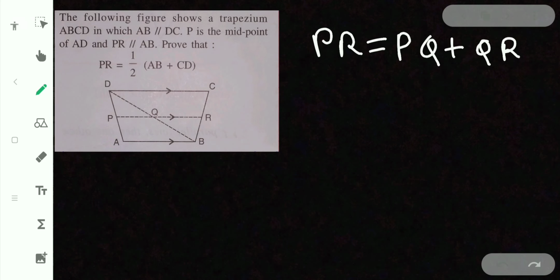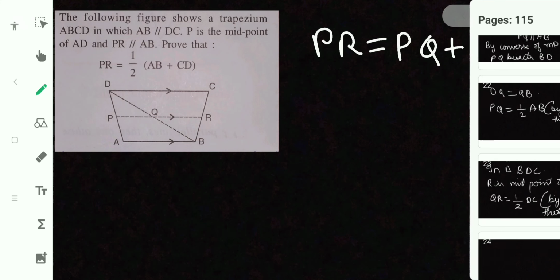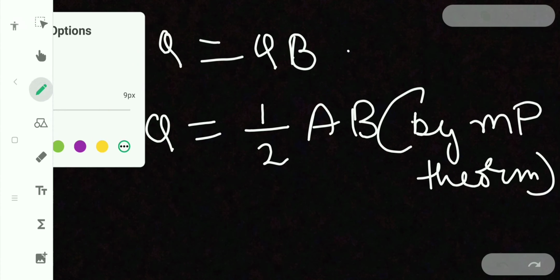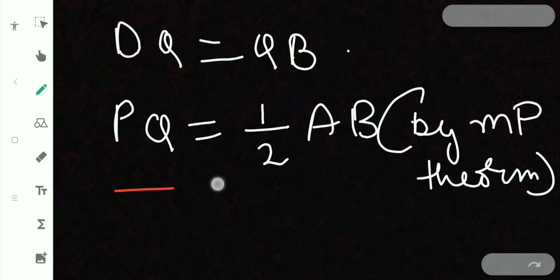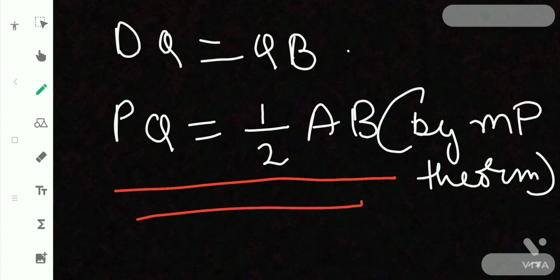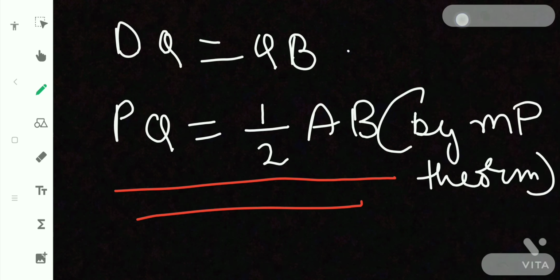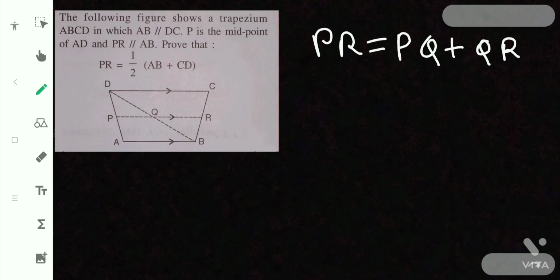So when PR is equal to PQ plus QR, just come here. PQ, here we got something. PQ is equal to half of AB. So that value you just remember, I am writing here. PQ is nothing but half of AB.